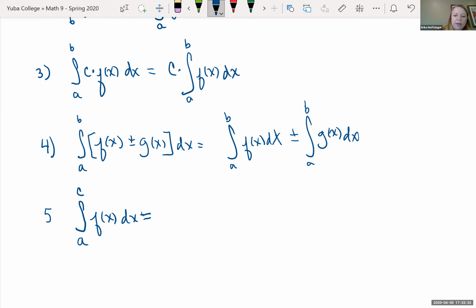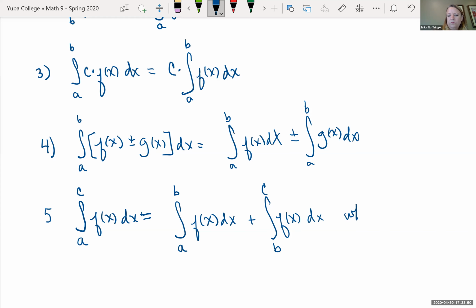We can go from a to b of f of x dx, and then add on the piece from b to c, f of x dx, where we're saying that b is between a and c.